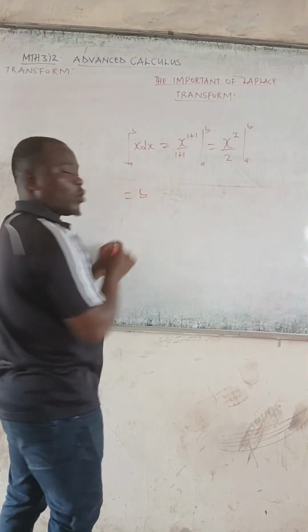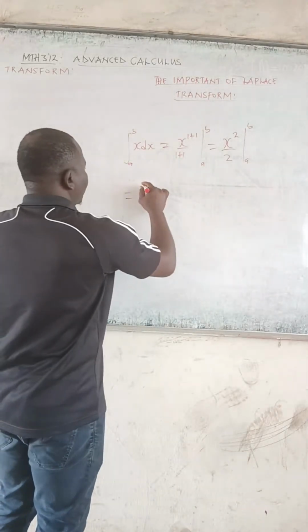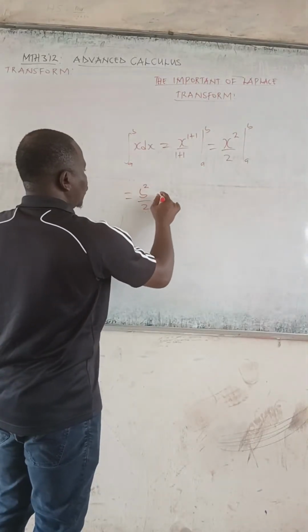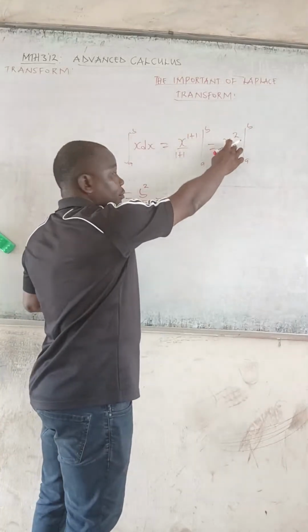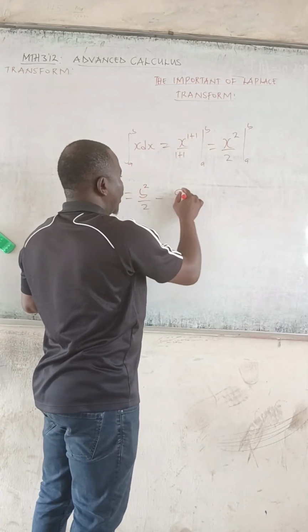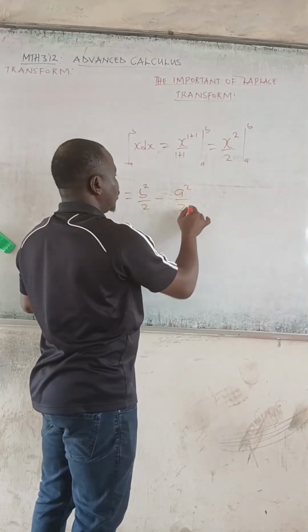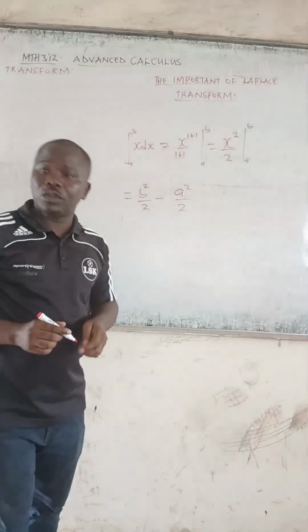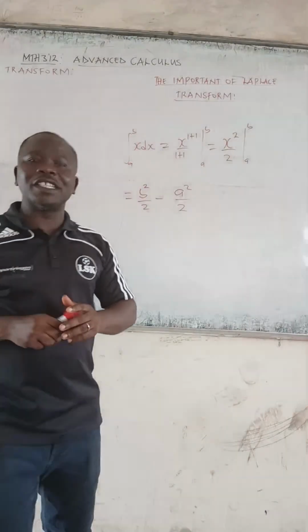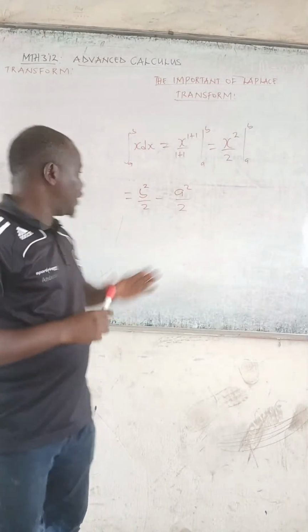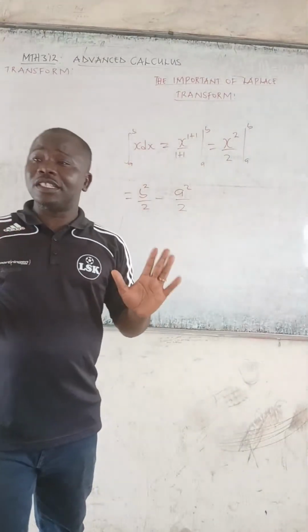But x is squared, so it's going to be b raised to power 2 all over 2, minus the same thing, a squared all over 2. Can you see the difference?